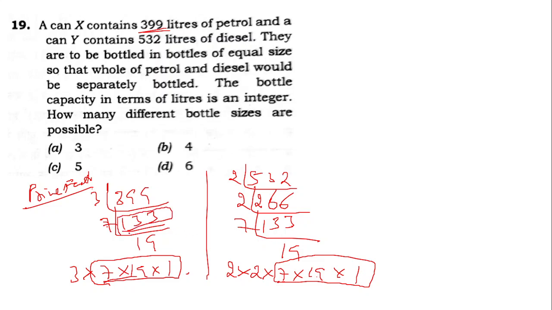This size is also possible because 133 is less than 399 and 532 and this is common. So 7, 19, 1 and 133. How many options overall? 4 options. So option B, 4 is the correct answer.